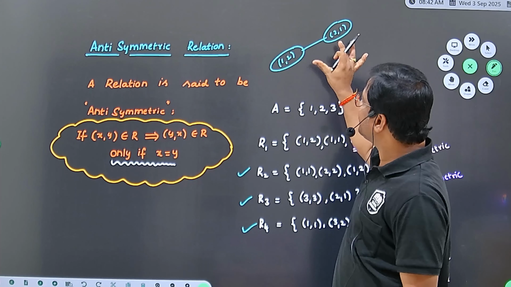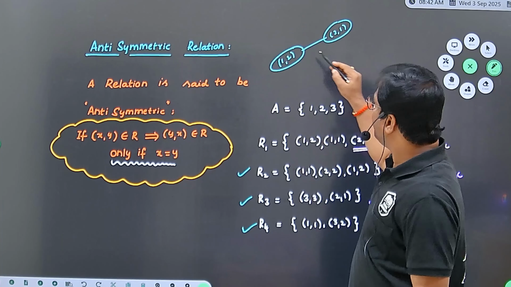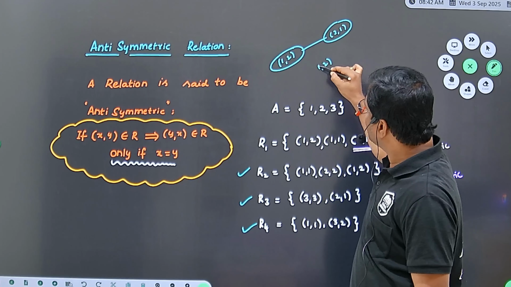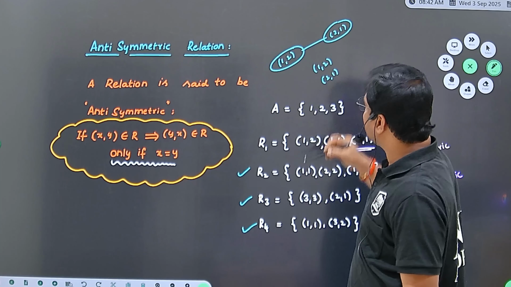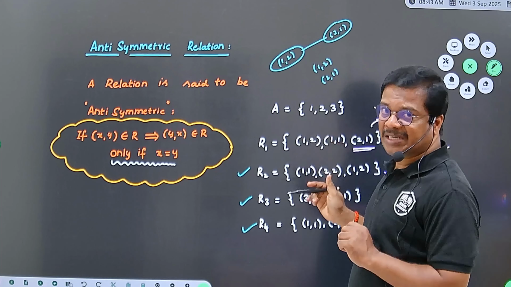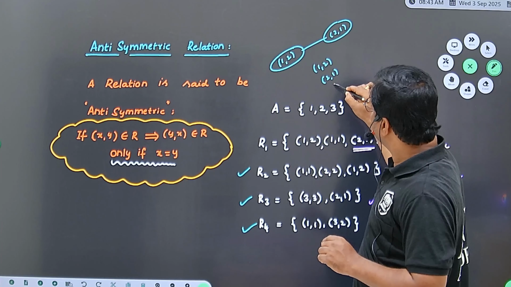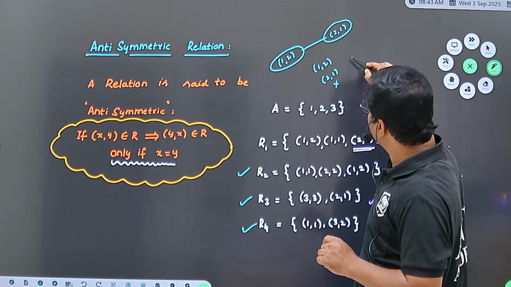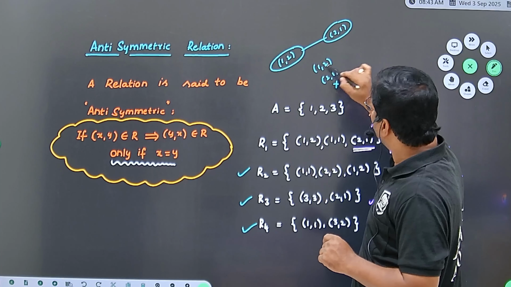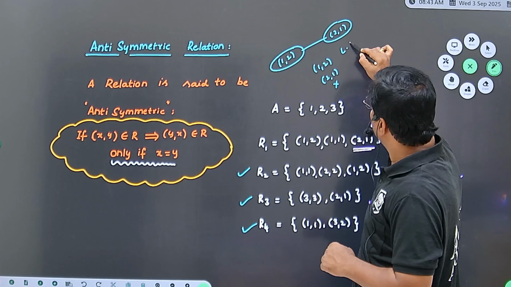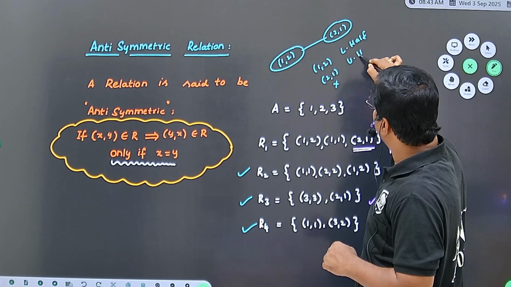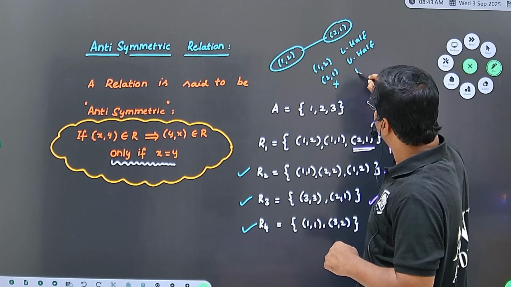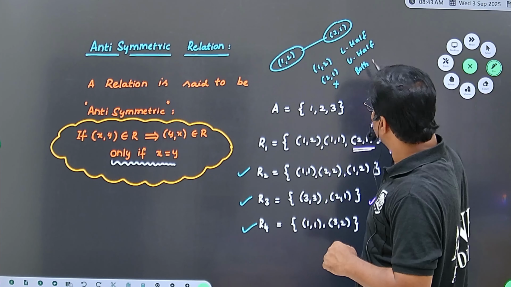How many chances for this? Maybe (1,2) is present in that, or (2,1) is present in that. Both are not possible: (1,2) from the lower half and (2,1) from the upper half. Both cannot be chosen. Why?